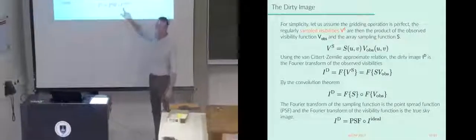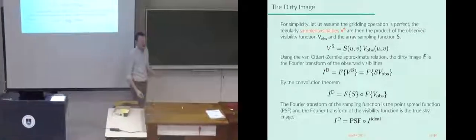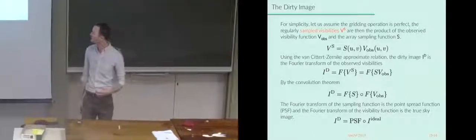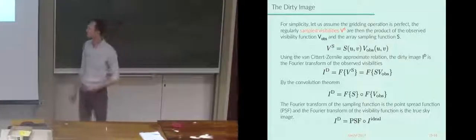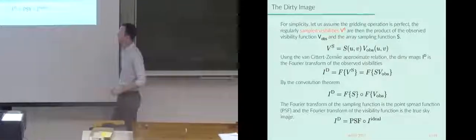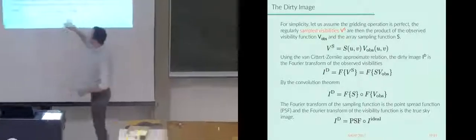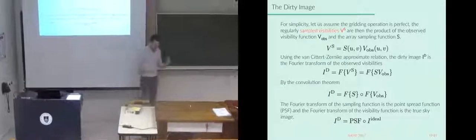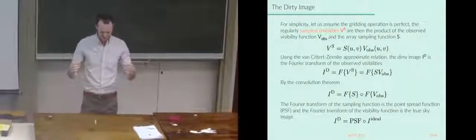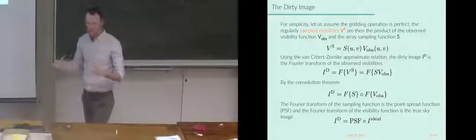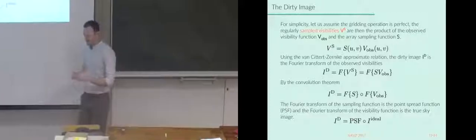Now the process of trying to get to here from this is deconvolution, and we'll talk about that next week. That's an imprecise part that takes a bit of learning to figure out how to do. It's important to remember that UV space, UVW space, is infinite and continuous.